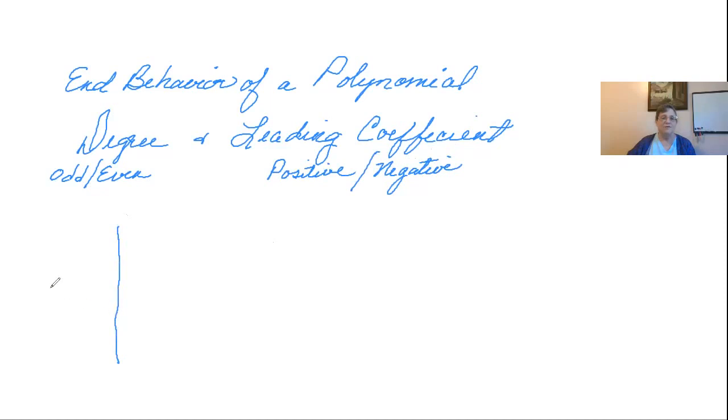In any case where the degree of the polynomial is odd, the two ends of the graph are going to go in opposite directions.